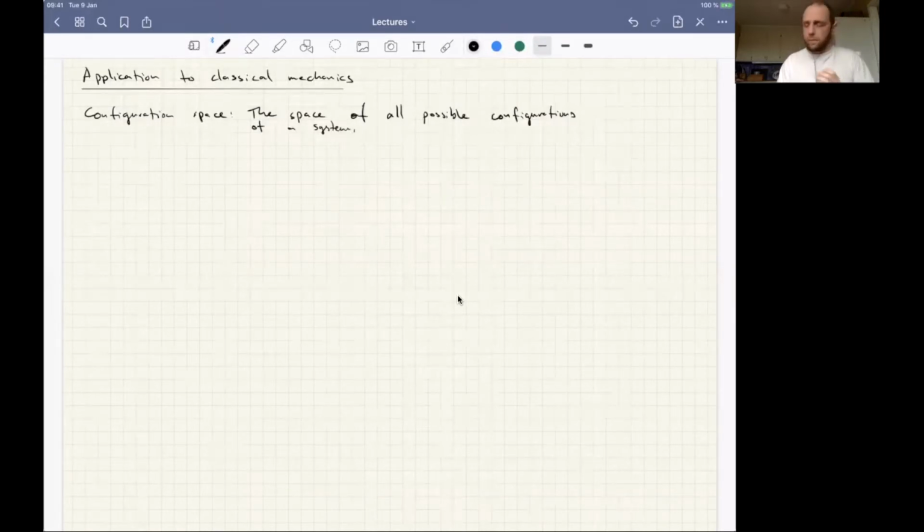So, for example, let's take a double pendulum. I take something that looks like that.